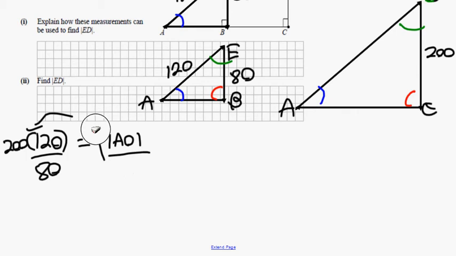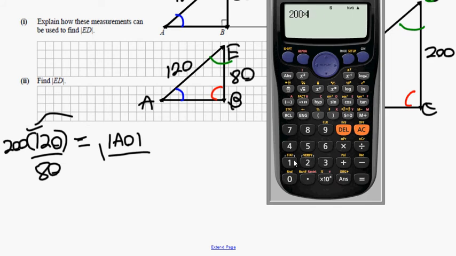So now what we have is 200 times 120, and then we're going to divide the answer by 80.